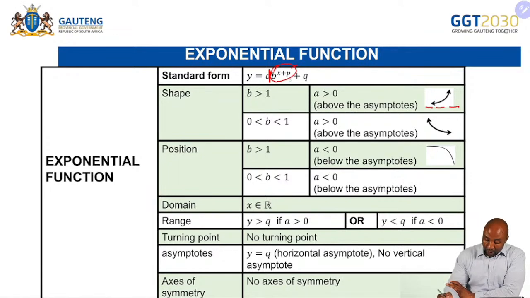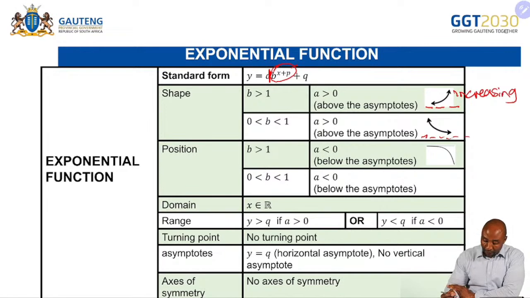And we know that our base can be any number greater than 1, and we will always have an increasing function. If our base is a fraction between 0 and 1, we have a decreasing function. Still, it will have an asymptote there.